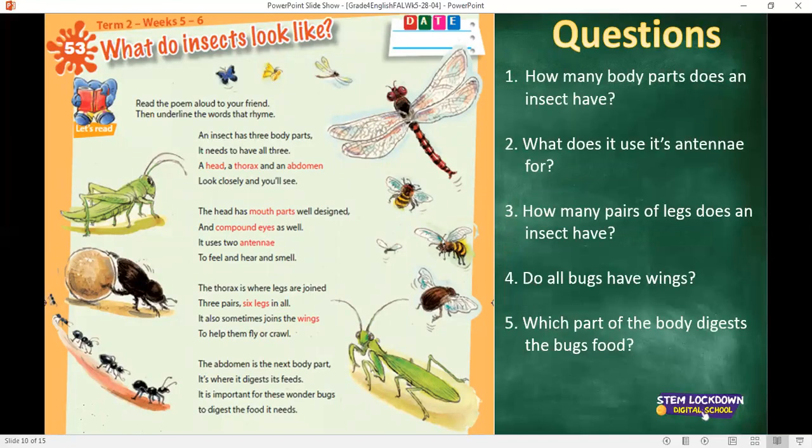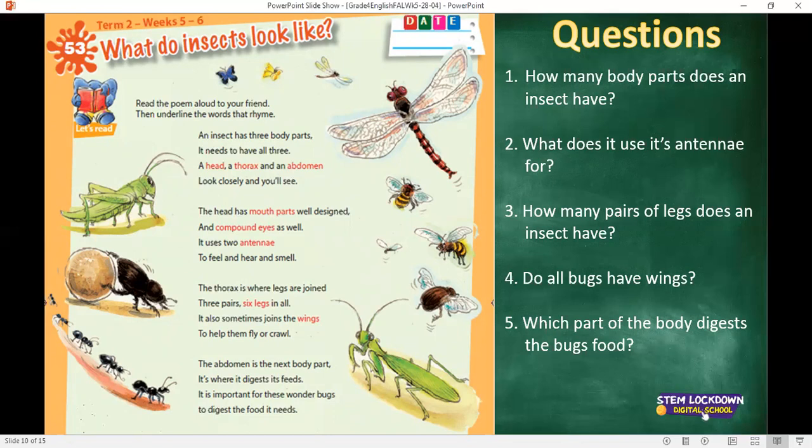I'm going to read through all the questions first, and then we'll look at our answers together. Number 1 says, how many body parts does an insect have? Number 2, what does it use its antenna for? Number 3, how many pairs of legs does an insect have?